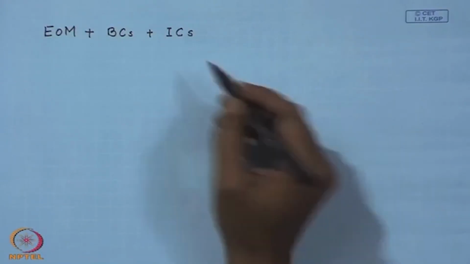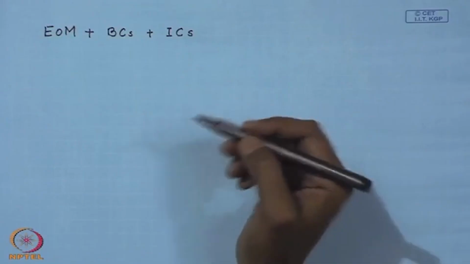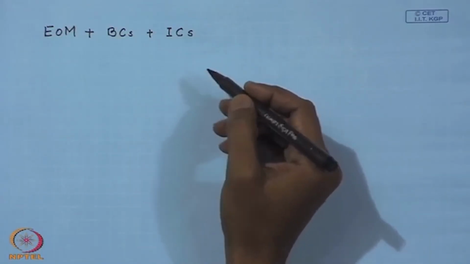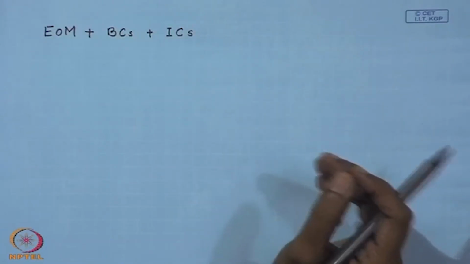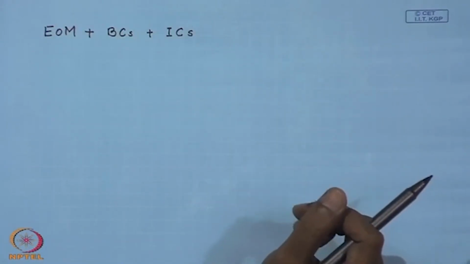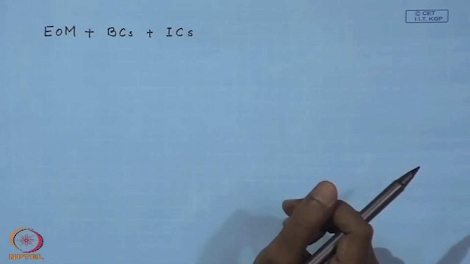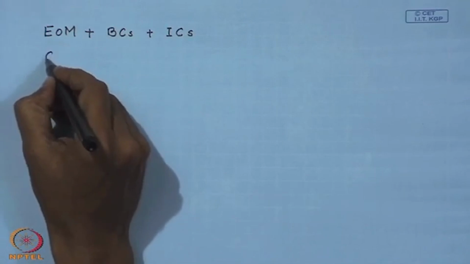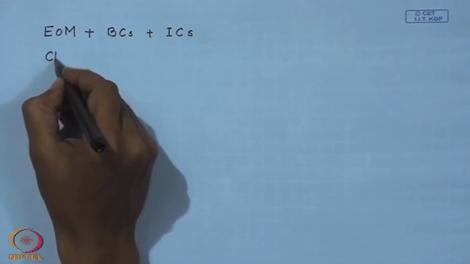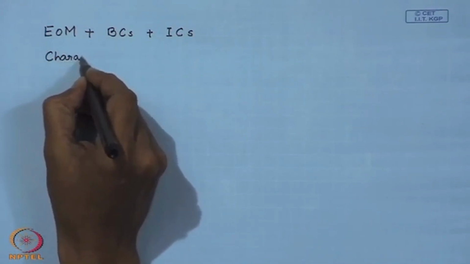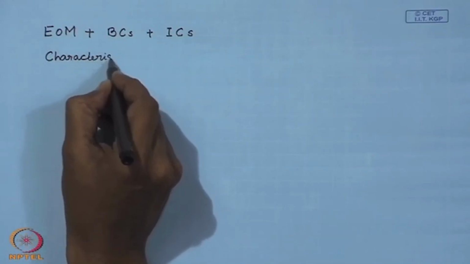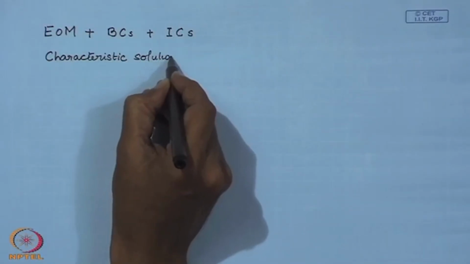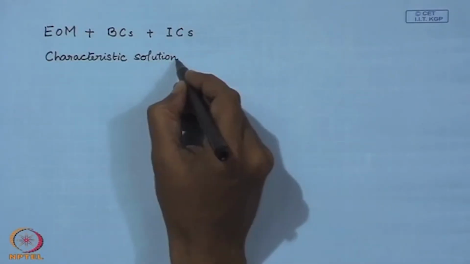But then with change in initial conditions, for example, the solution will change. Now, if the solution changes, then we are not able to get a feel of the system. So, the question that we put is whether we can find out some characteristic solution of the system. What we are interested in is finding out certain characteristic solutions of the system.